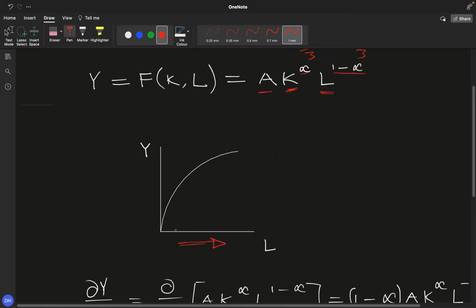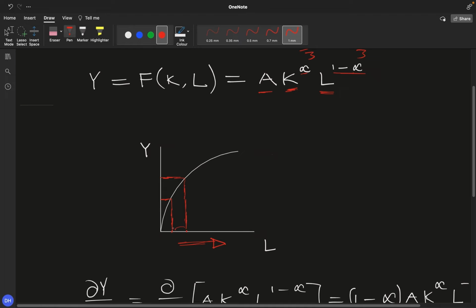So for example, if you go from 1 unit of labour to 2, right, go from 1 worker, if I can draw the corresponding points on the y-axis here.